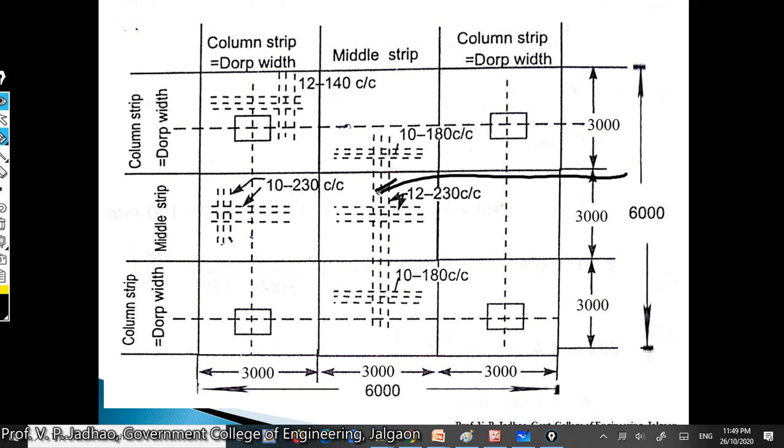This steel reinforcement, this, and this are provided at the bottom. I think all are shown as bottom, that is dashed line. Actually this should not be completely dashed; near the support it should be a continuous line. So this is how the steel reinforcement is provided in your flat slab. We will see the next section.